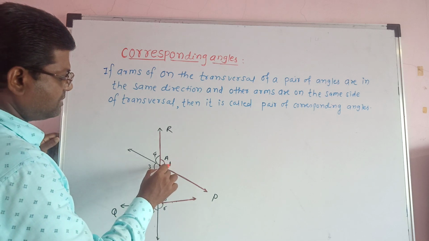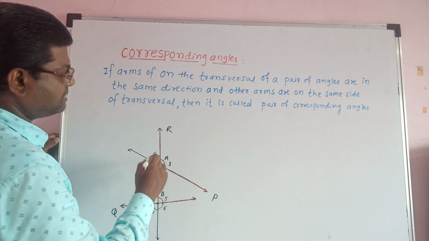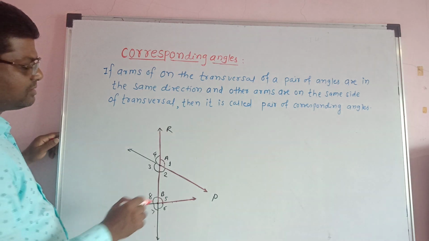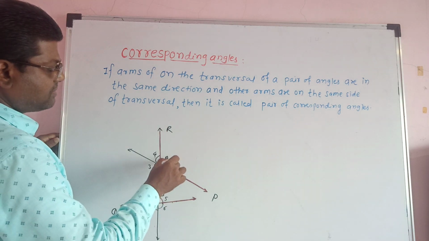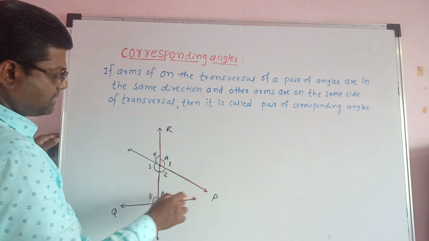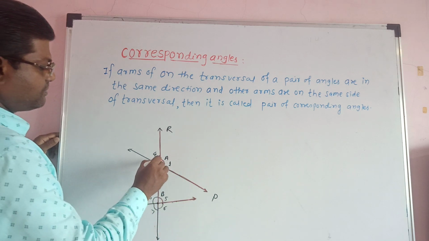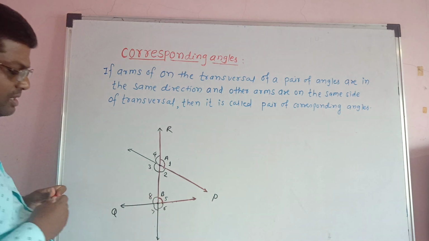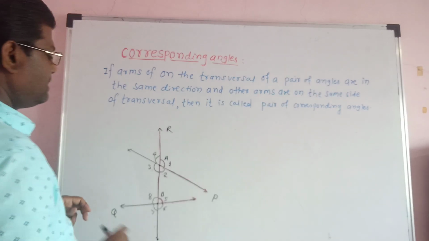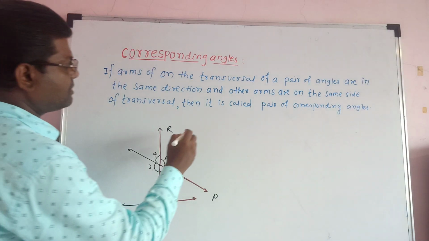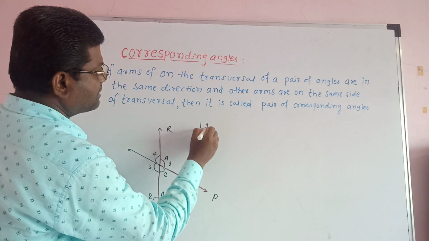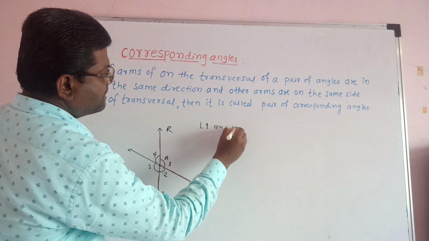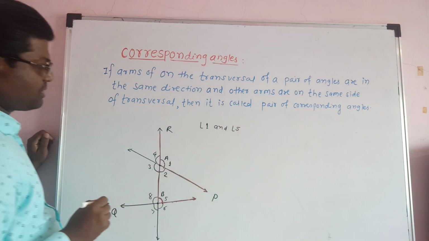So angle 1 and angle 5 are on the right side of transversal R and also on the upward sides of P and Q. Therefore, this pair of angles 1 and 5 is called corresponding angles. So, angle 1 and angle 5 is a pair of corresponding angles.